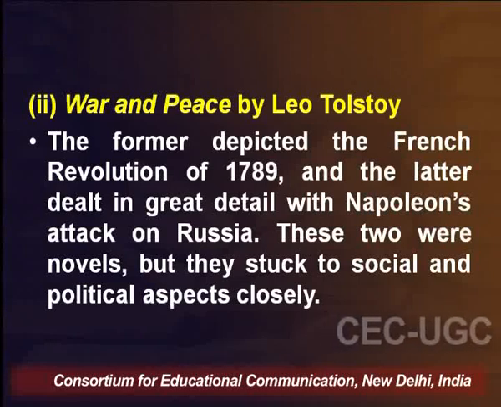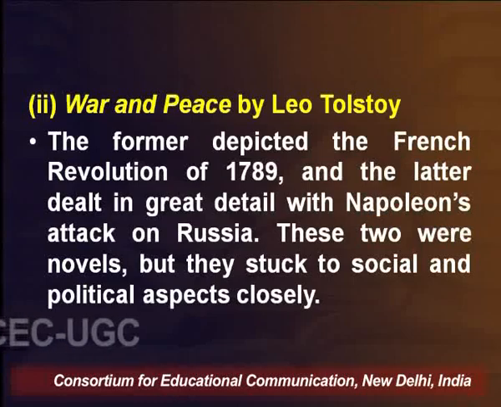Now, just see, it's interesting that Dickens is writing about the French Revolution, where, of course, Napoleon Bonaparte emerges victorious, and he's the leader of the French Revolution, and the same person then attacks Russia, and then there is a Russian writer called Tolstoy. So not at the same time, he was later, but he went into the documents, he went into the situations and incidents in France vis-a-vis Russia, and then he wrote a novel.